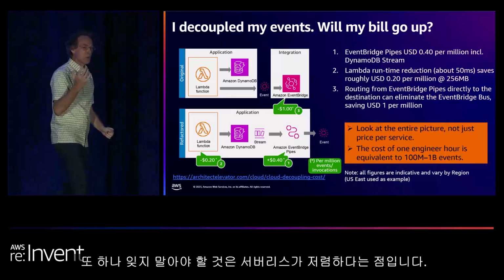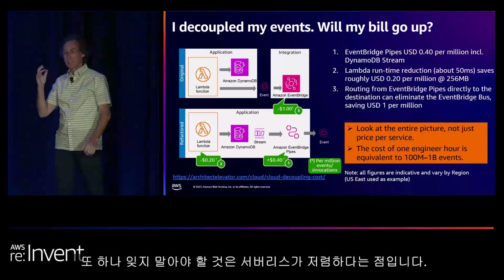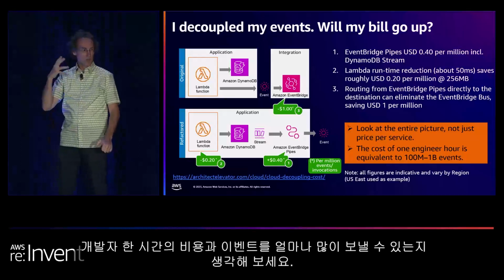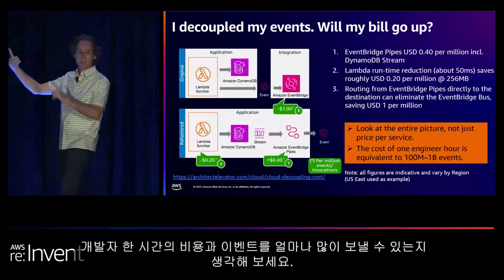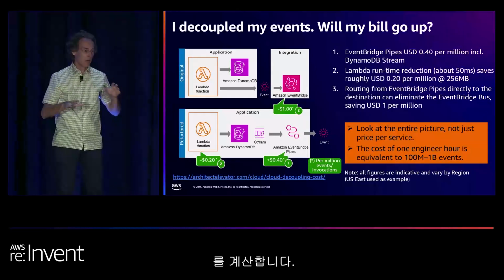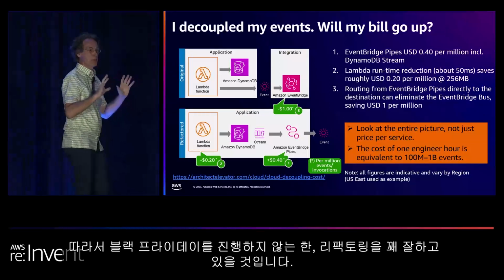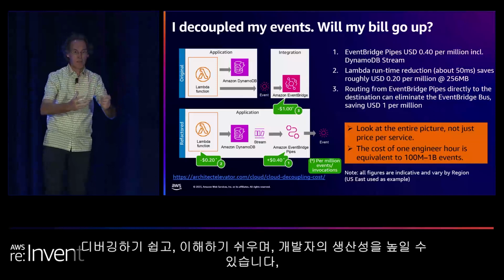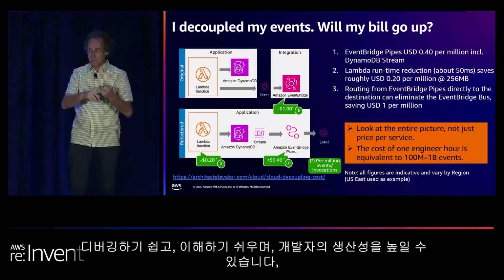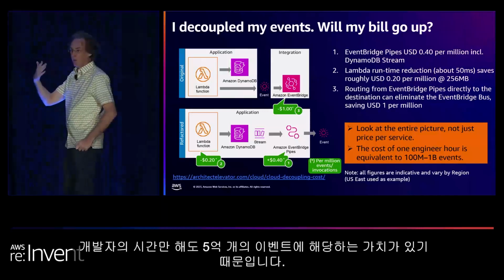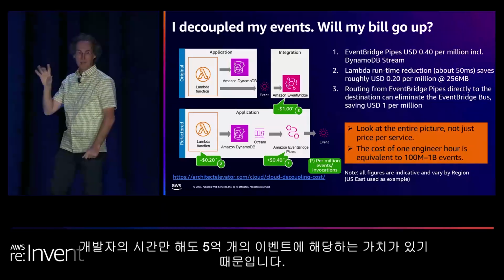The other thing not to forget is serverless is cheap. Think about what one developer hour would cost you, and how many events you can send for one developer hour. So unless you're running Black Friday, you're probably doing pretty well refactoring things so that they're easier to debug, easier to understand, makes your developers more productive, because that developer hour is probably worth like 500 million events alone.